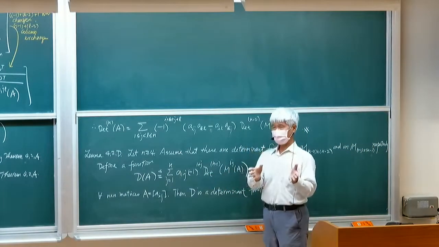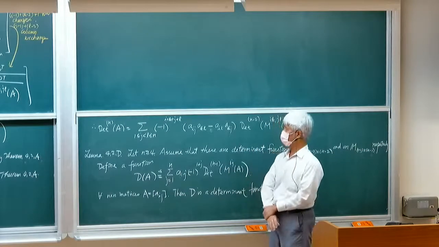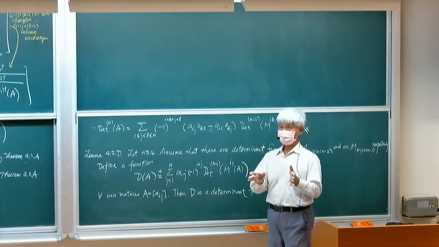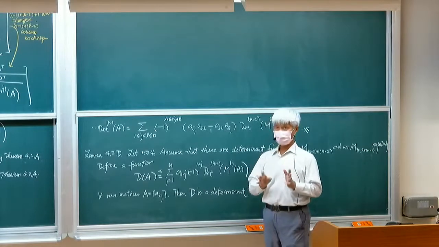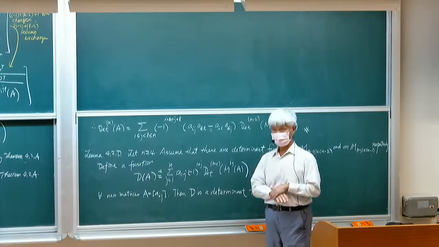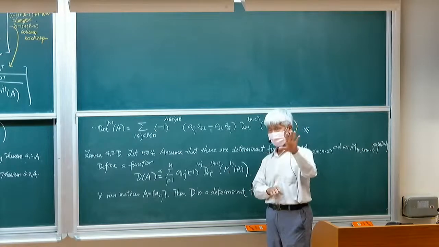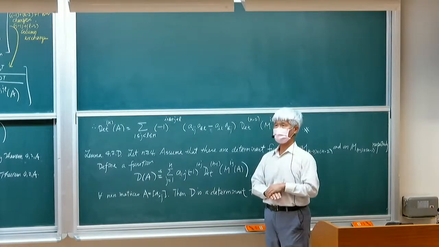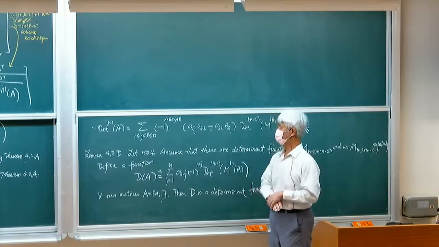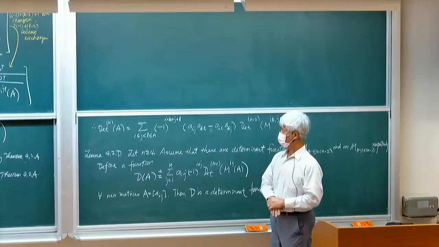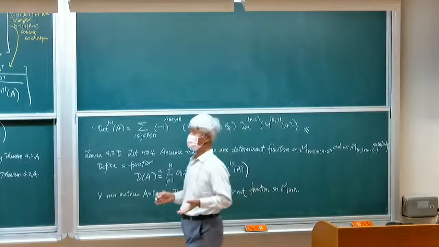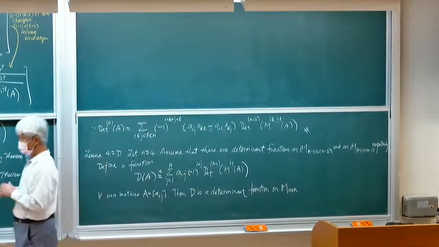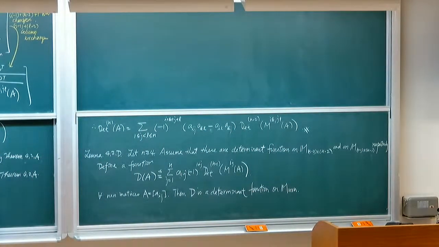In the cofactor expansion by row 1, in that theorem, we assume the existence of a determinant function for n times n matrices. But up to now, we don't know whether we have a determinant function for n times n matrices in general, right?